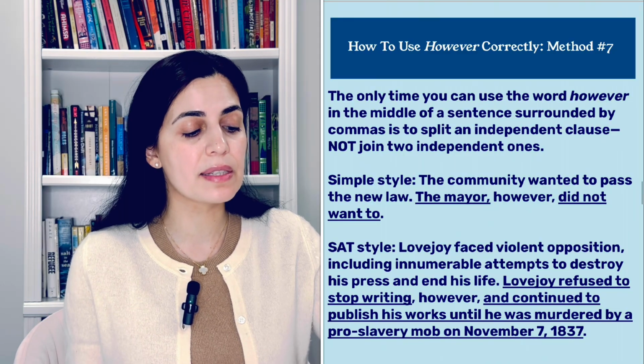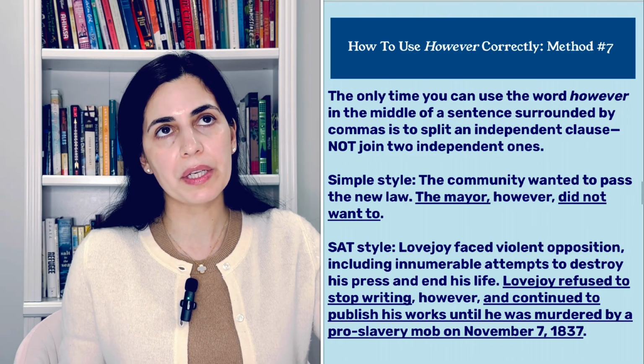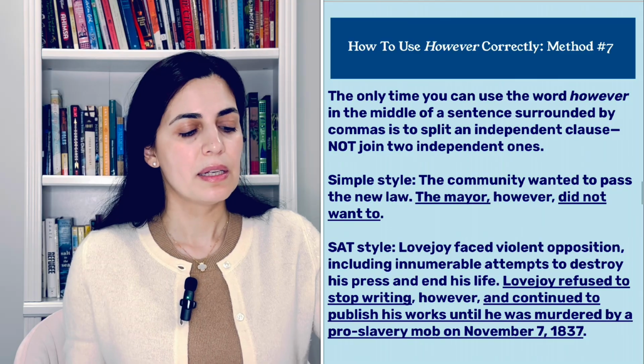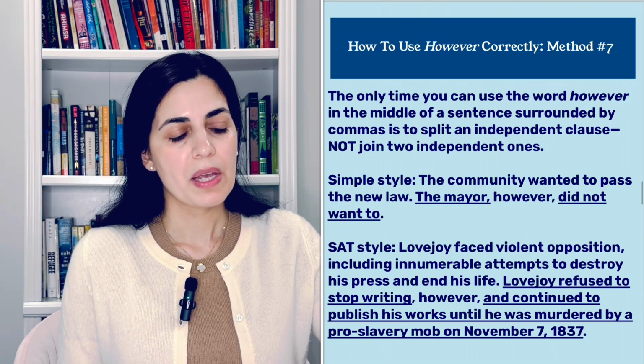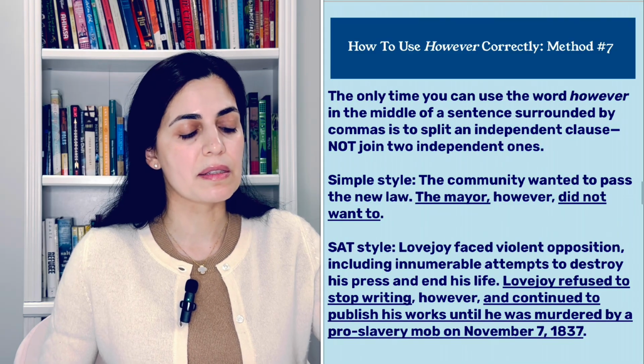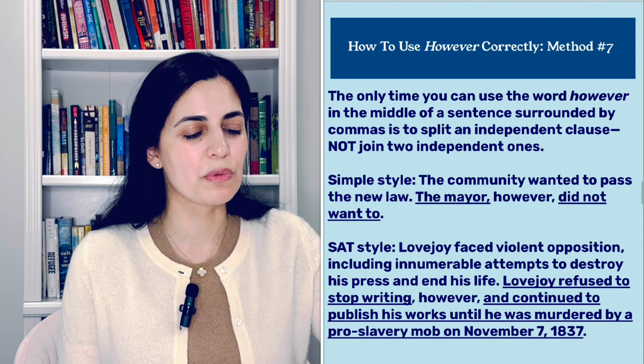Another way to write this sentence, again, would be: the community wanted to pass the new law, period, or semicolon, however, comma, the mayor did not want to. But this is another way to do it. And believe me, I've seen this time and time again on all their practice questions. So it would be worthwhile to memorize this rule as well.